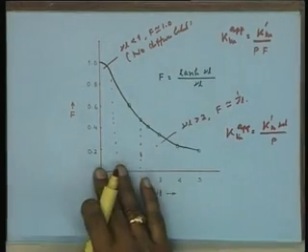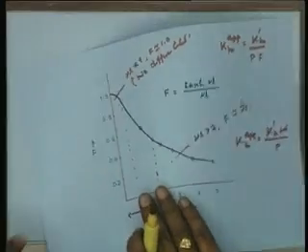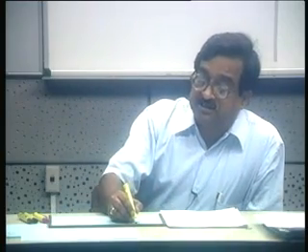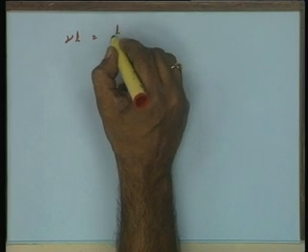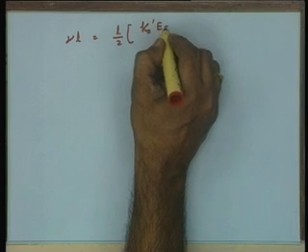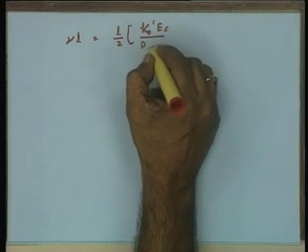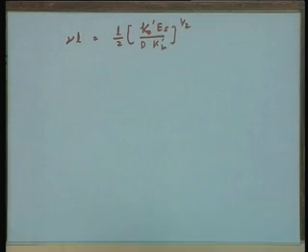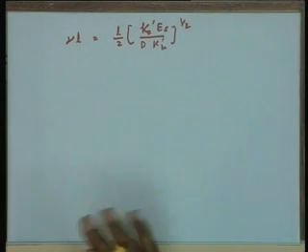Now let us see under what conditions, if you just consider the definition, gamma L is equal to L by 2 into K2 dash Es upon D K dash m to the power half. Now this is our gamma L. Under what condition will gamma L be less than 1, or a smaller value?